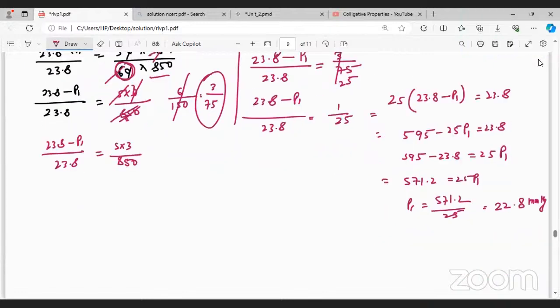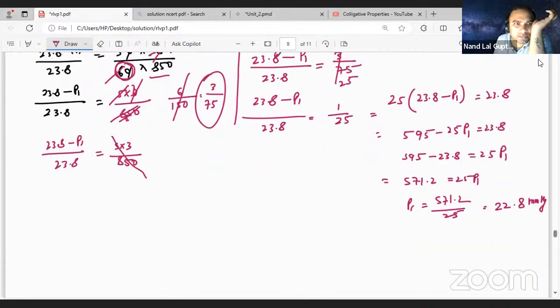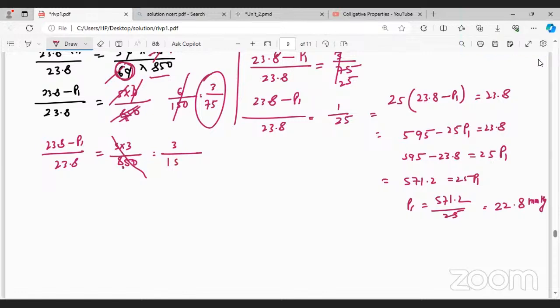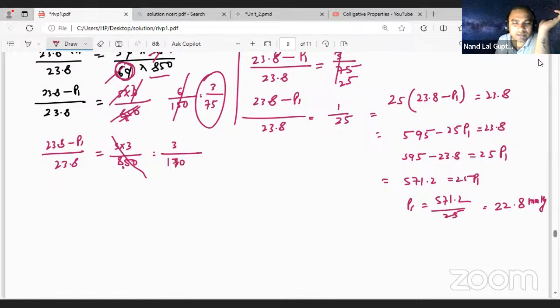Yes, sir, now correct. This will be divisible by 5. So 3 upon 5, 1 5s are 5, 170. This is 170. This is not divisible by 3. Okay, leave it.